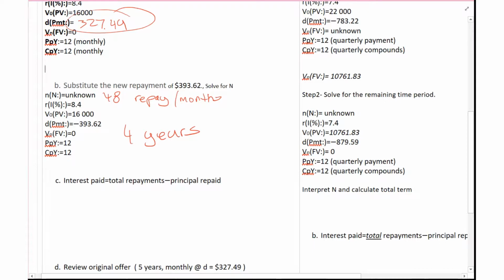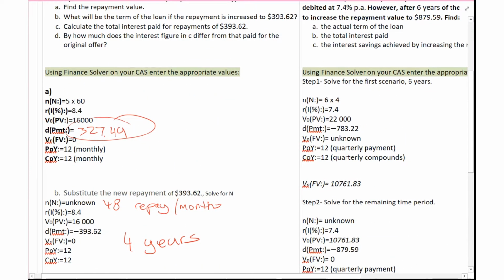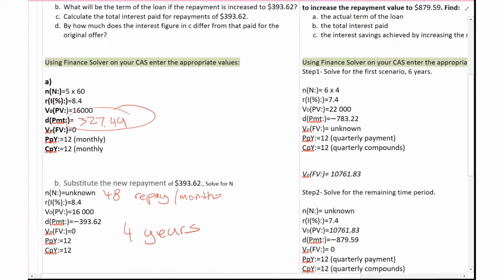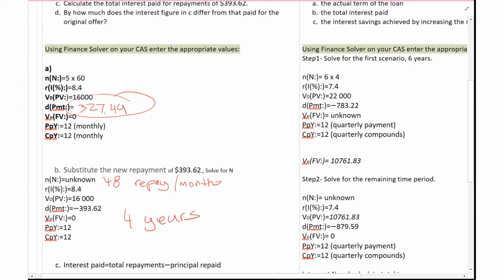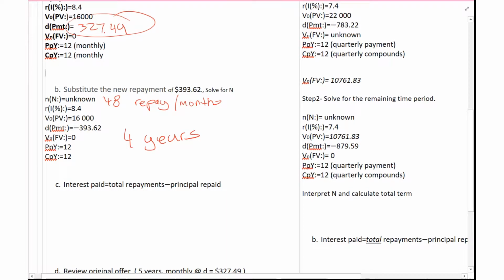And so what I want to look at here, next question, is calculate the total interest paid for repayments of that 393.62. So basically, interest paid is going to be the total repayments.